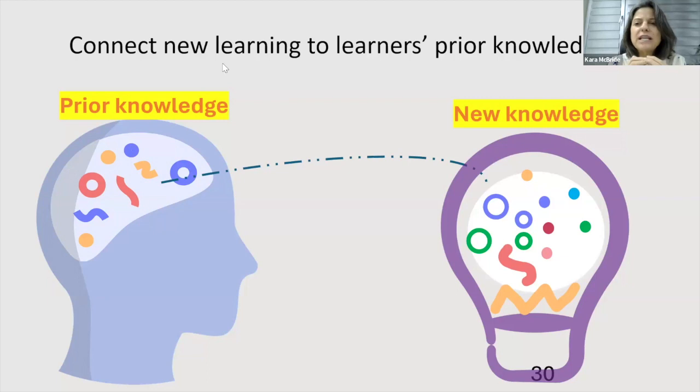And if you cannot make any connection to something you already know, then you can't learn that new thing. It's absolutely necessary to make that connection. And the more you can make connections with what your learners already know, the more you facilitate learning.